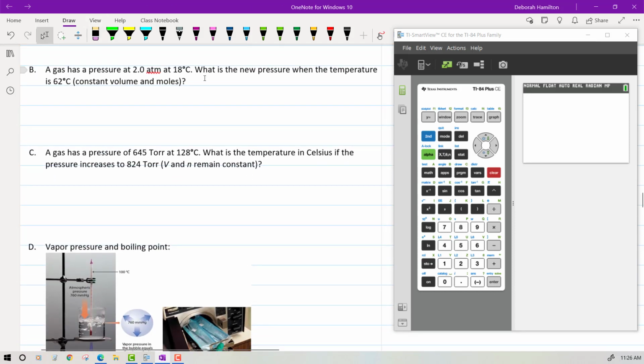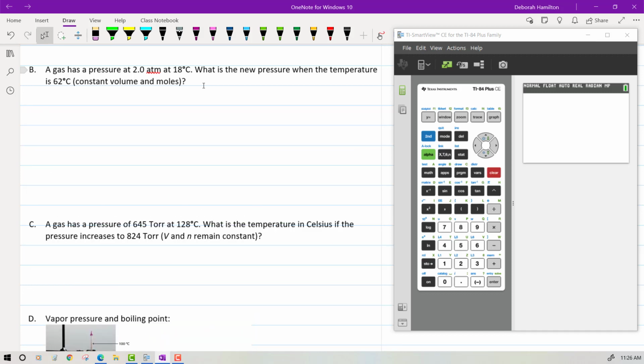Let's try a problem here. We'll assign variables. The first pressure is 2 atmospheres. The first temperature is 18 degrees Celsius. Remember to add 273 to that right away, and we've got 291.